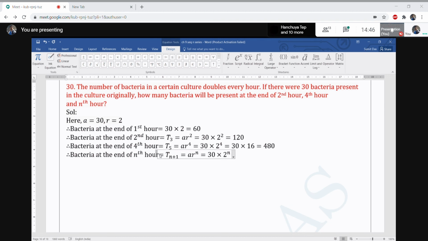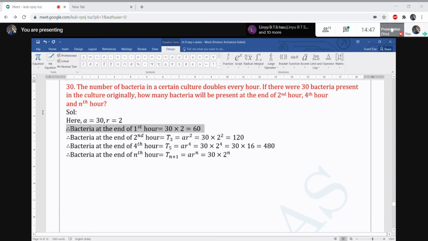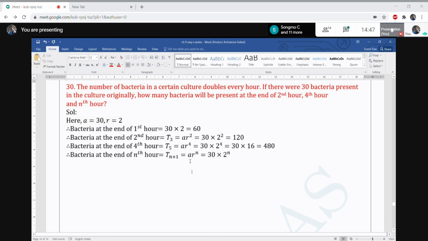That is the number of bacteria after the nth hour. Yes, that is the answer. This first hour one, I just showed you how to get it. You can skip this. Just to understand this thing, I showed it.